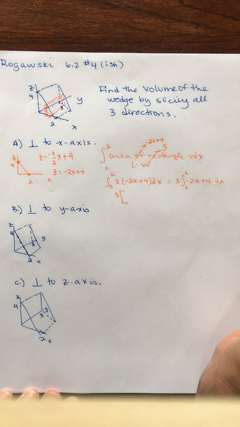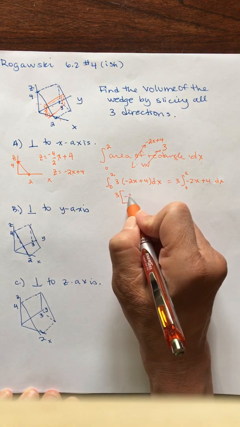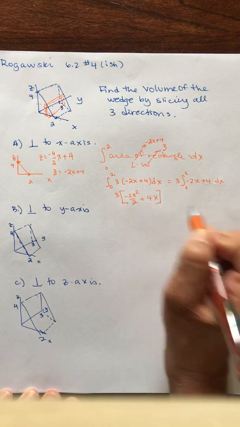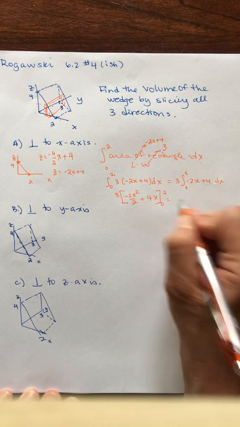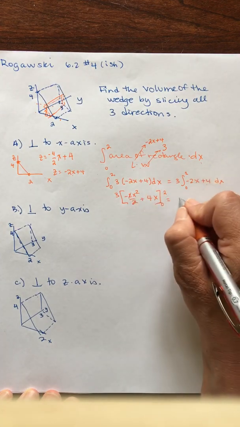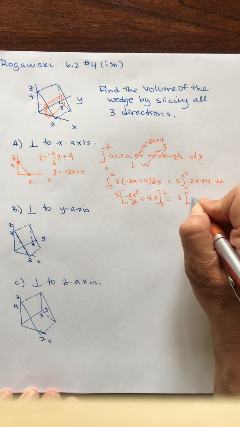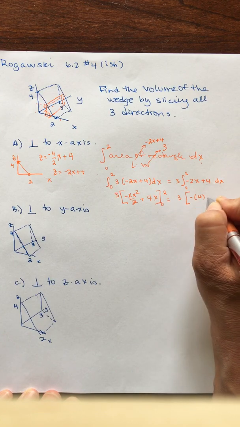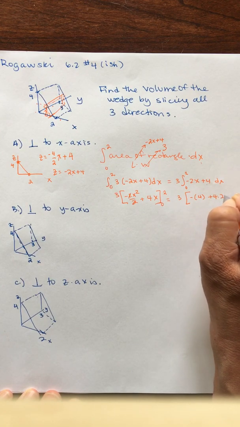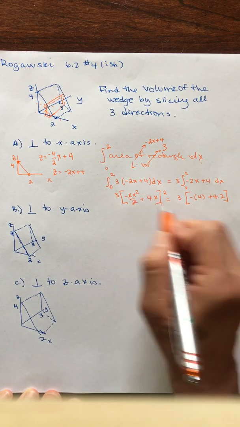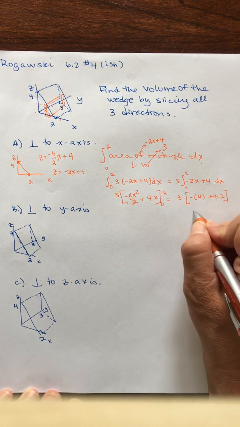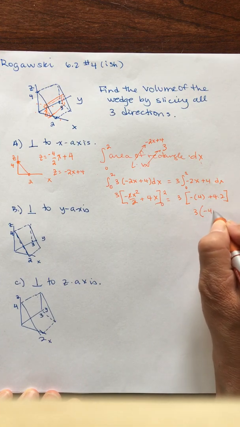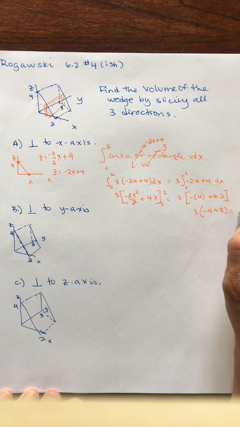So here we go, antiderivative: 3 times negative 2x squared over 2 plus 4x between 0 and 2. Cancel those. So 3 times, what do I have? Negative 4, and then plus 4 times 2. That was 2 squared where that negative 4 came in. So I have 3 times negative 4 plus 8, which is 12.